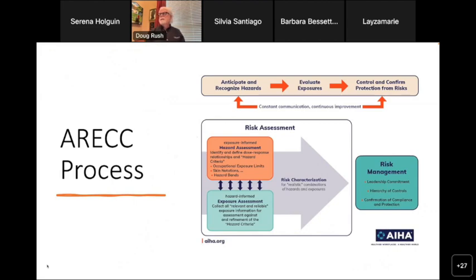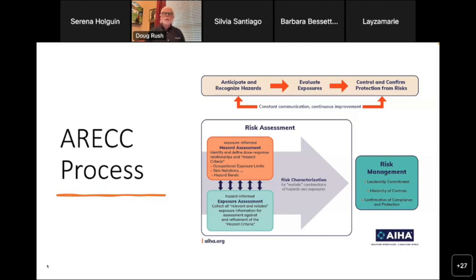This is a diagram that was put on the AIHA website, which I really liked. Some of you in this seminar right now recognize this very easily, and if you're working with the ISO programs or maybe any other management type of program, you've heard about this before, and this is part of the Plan, Do, Check, Act, PDCA management.